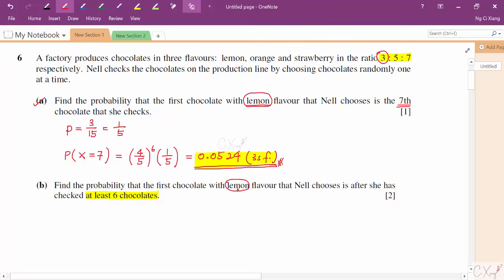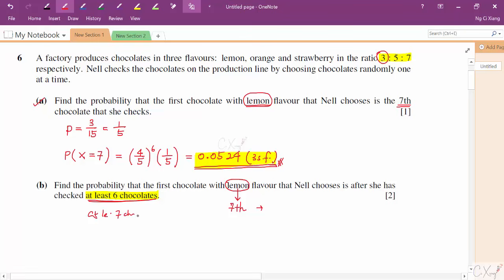That means the very first lemon flavor can be at x equals 7, at least 6 chocolates. After the 6 chocolates, the first lemon flavor will be at the 7th chocolate, and also the next terms. It can be 7 chocolates also, right?